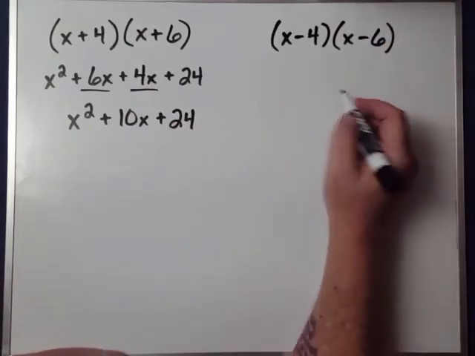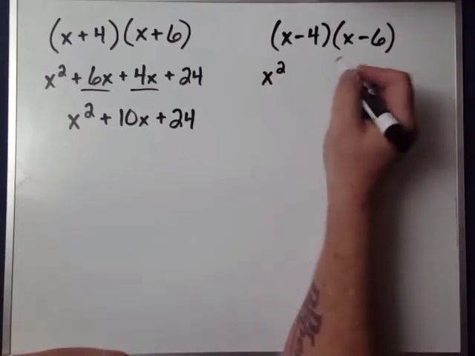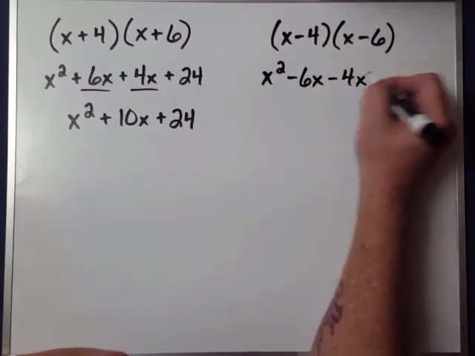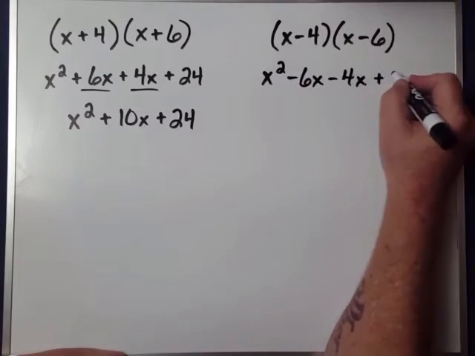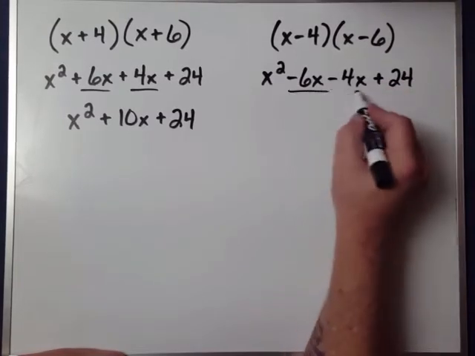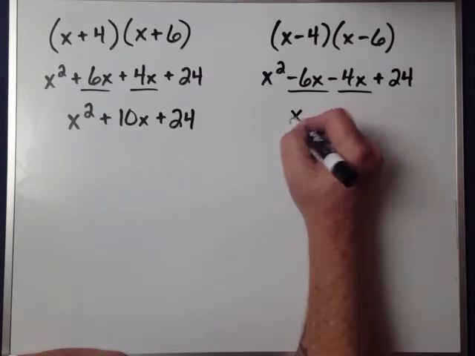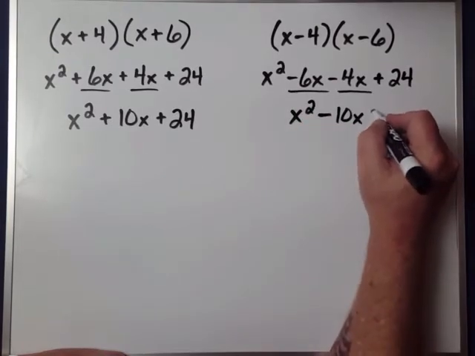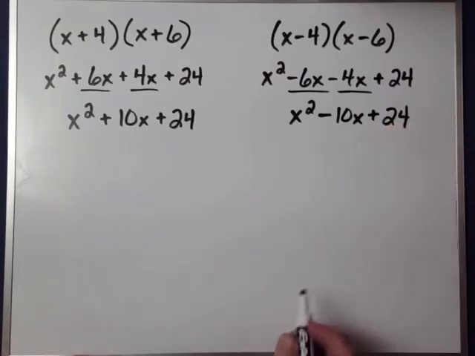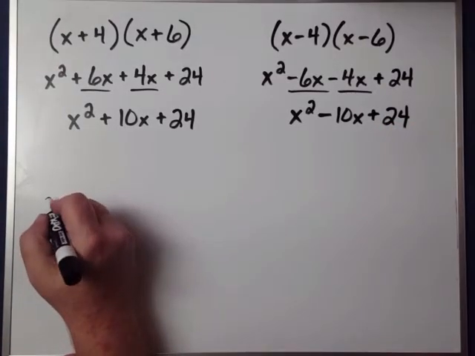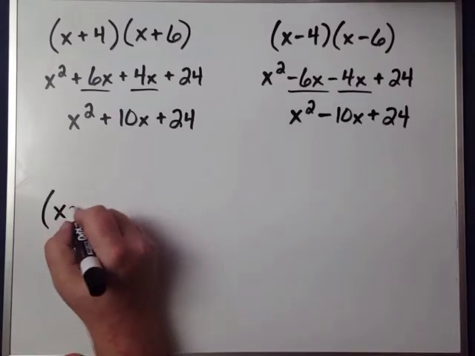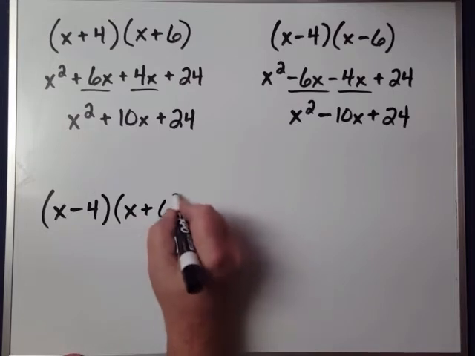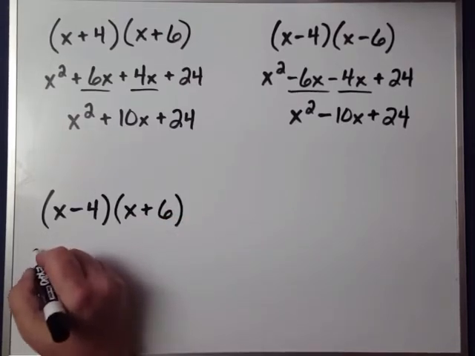Let's FOIL this pair. The first, and watch your signs, the outside, the inside, negative times negative, plus 24 for the last. Combine like terms. Okay, let's do another one. FOIL this one out.